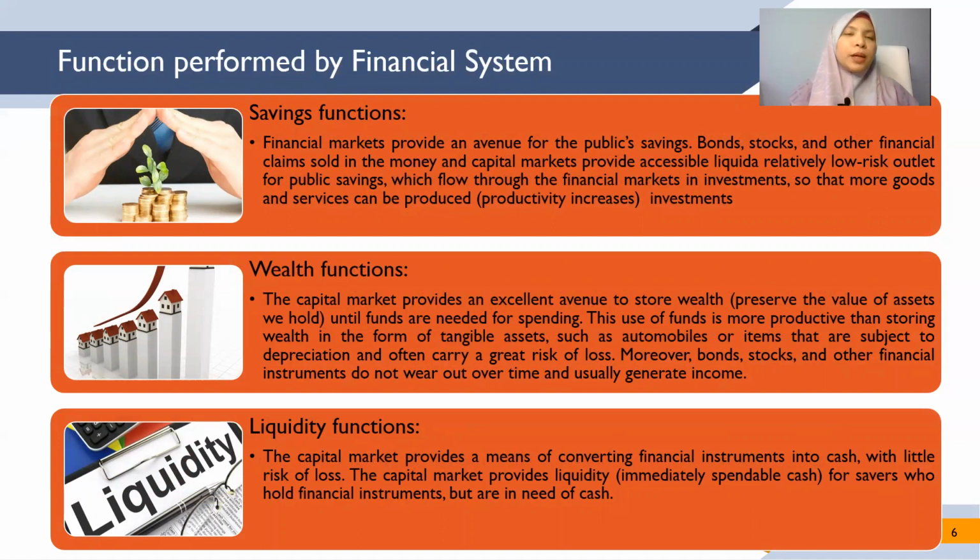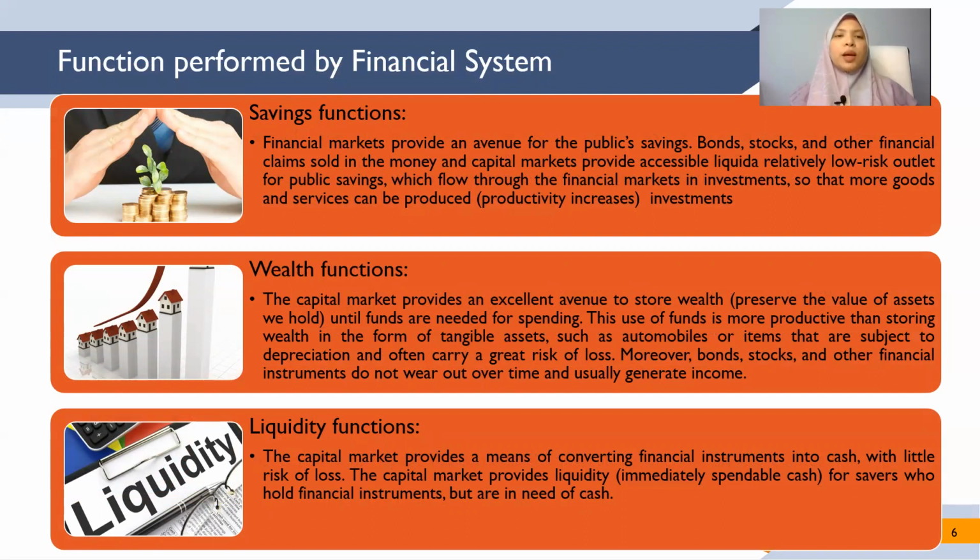In the capital market, investors can accumulate their wealth and preserve the value of assets they hold until the funds are needed for spending. This use of funds is more productive than storing wealth in the form of tangible assets such as automobiles or items that are subject to depreciation, which often carry a great risk of loss.